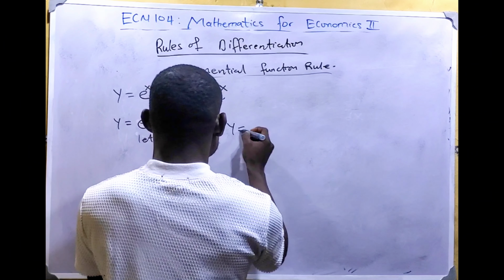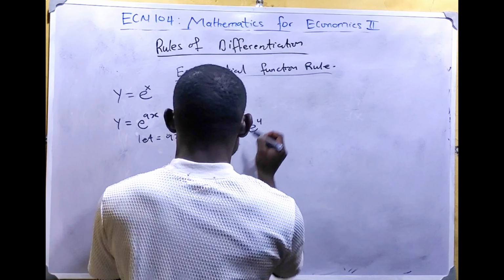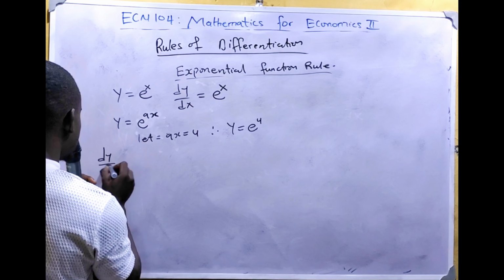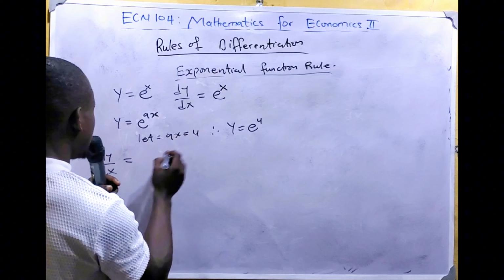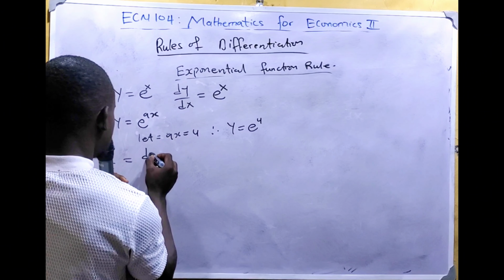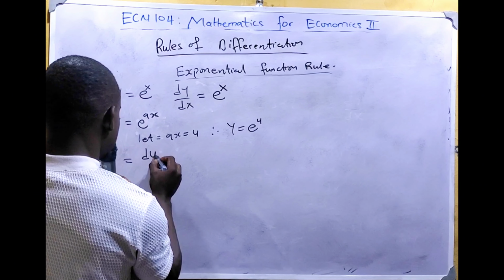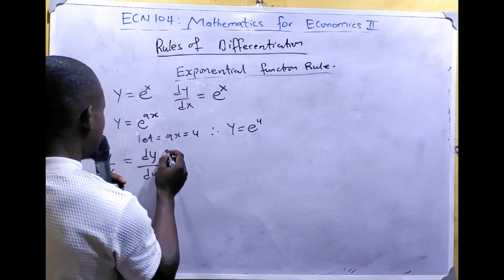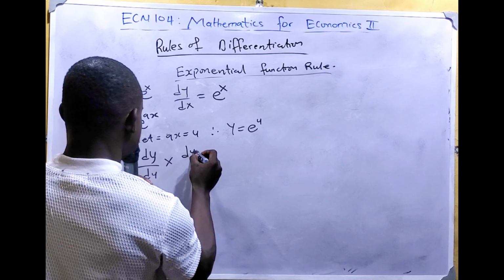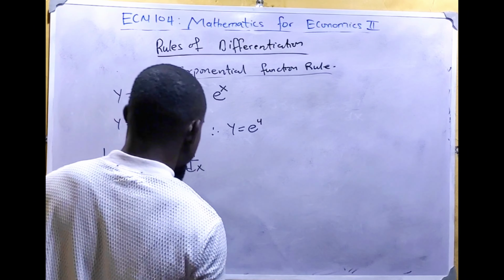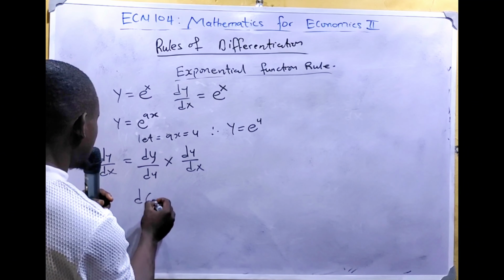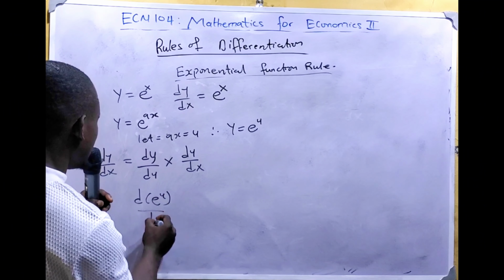Therefore, y equals e raised power u. From this, our dy dx using chain rule will be dy du times du dx.